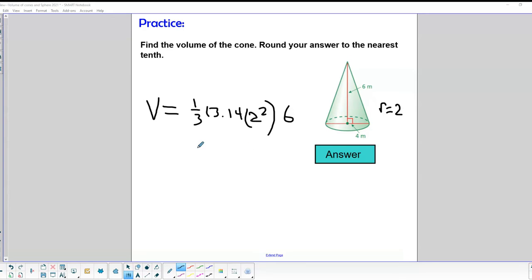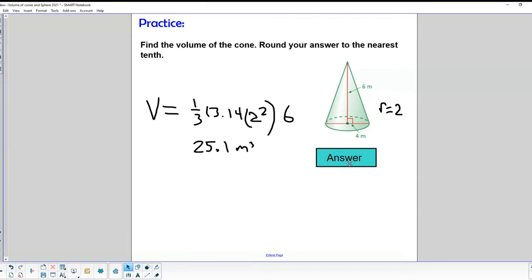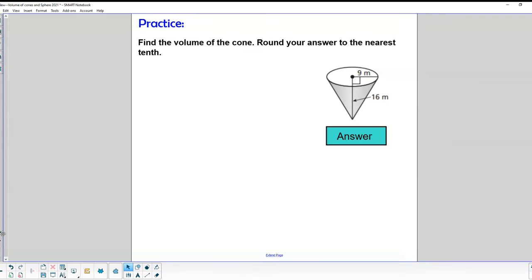In this case, we got 25.1, and we are rounding this to the nearest tenth. That's why we got that. So it's meters cubed. Okay, quickly check our answer. How'd we do? 25.1 meters cubed. We are rolling. All right, let's keep it rolling.